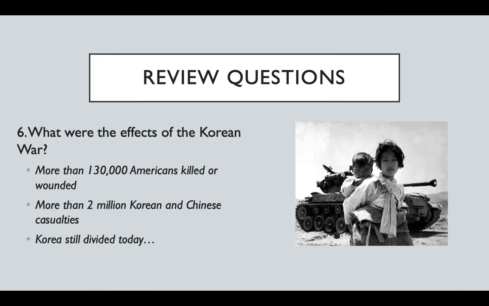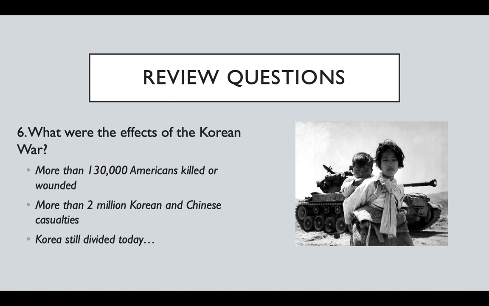Number 6, what were the effects of the Korean War? We have more than 130,000 Americans killed or wounded. The casualties are in the millions for Koreans and Chinese. Yesterday, we looked at how high the civilian casualties were. Of course, Korea is still divided today. If we want to get real technical about it, it hasn't ended.